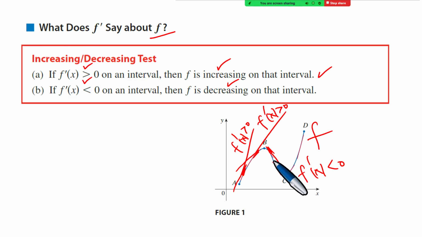We can use f prime to say something about f. If the derivative is positive, then the function is increasing. If the derivative is negative, then the function is decreasing. We're good.